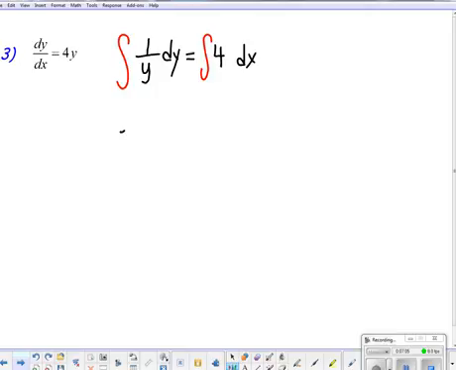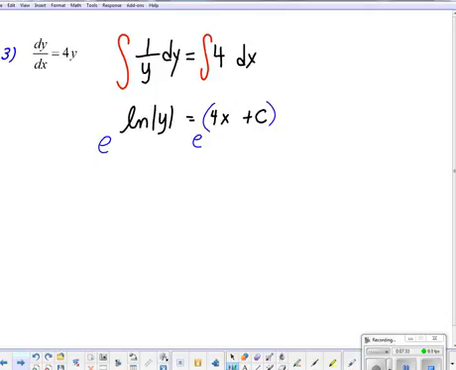On the left side, I pick that up as natural log of y is equal to 4x plus c. And natural log of y is probably not the state I want to leave that in. So here's what we're going to do. Let's get rid of this natural log by introducing e as our base on both sides.